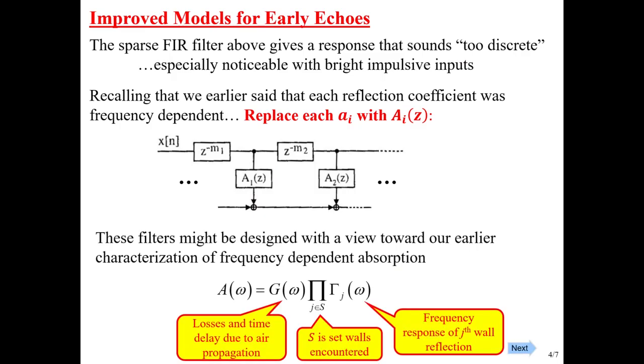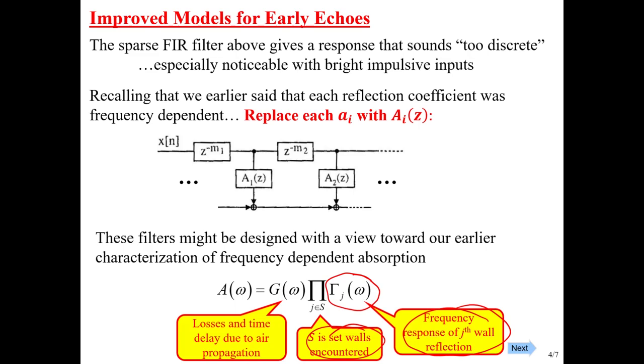Now, back in the last note set, I think it was, we talked about how if we think about one single path from source to ear, it's going to hit a bunch of walls, and each wall has a frequency-dependent absorption. So we can model each wall with a frequency response.